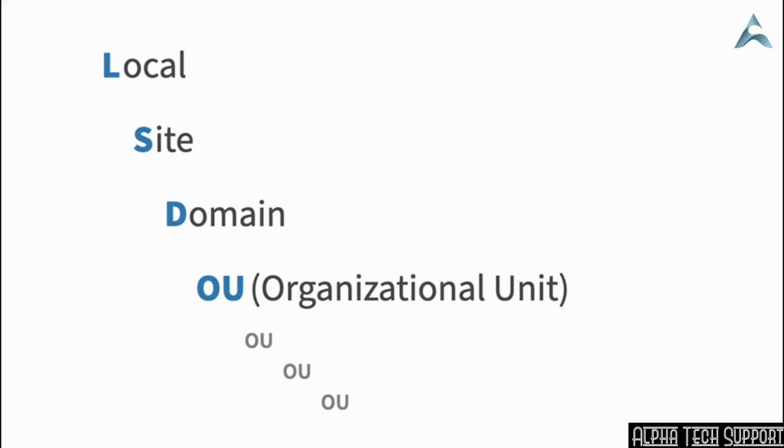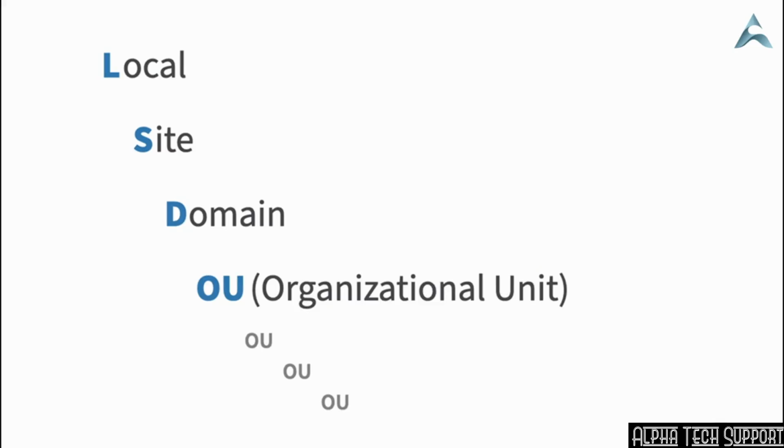You might have a parent OU and then a child OU. If the object exists in the child OU, it's going to take any GPOs linked to the parent organizational unit and apply them. Then it's going to go to the child organizational unit that the object is in and apply the group policy settings to that if there are any GPOs linked to that OU.